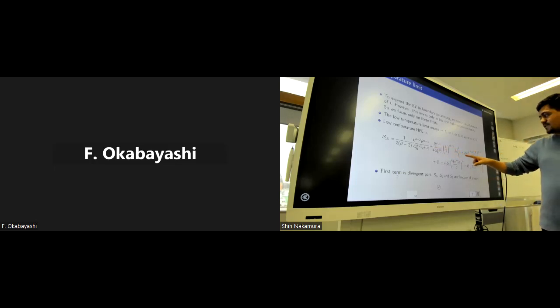Now you see this term has a first dependence on rho, which is our string density, and the temperature and width dependence is d minus 1 here. These S0, S1 are constants which depend totally on the dimension, and you can just choose a particular dimension.